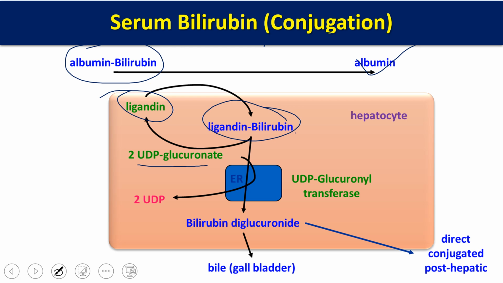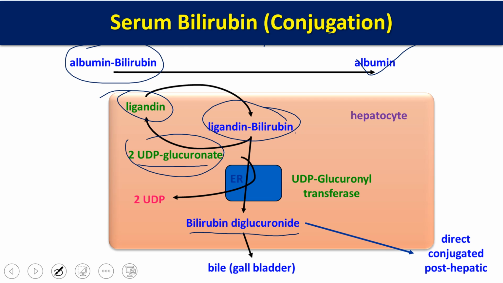There are two molecules of UDP glucuronate that are added to each bilirubin, but not at a time. One molecule of UDP glucuronate will be added first, and it will be converted into bilirubin monoglucuronide. Then a second molecule of UDP glucuronate will be added, and it will be converted to bilirubin diglucuronide.